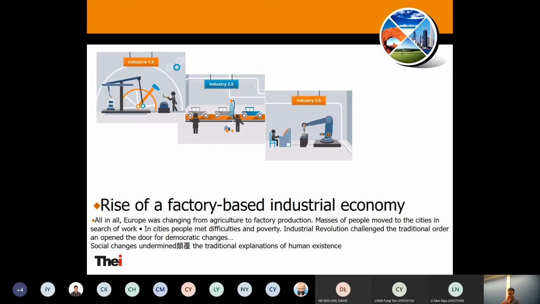But nowadays, when we talk about the differences between the times, we are now in the so-called Industrial Revolution 3.0. Contrary to Industrial Revolution 1.0 and 2.0, the current version has a very different practice.